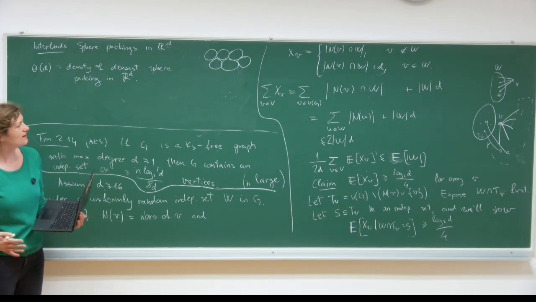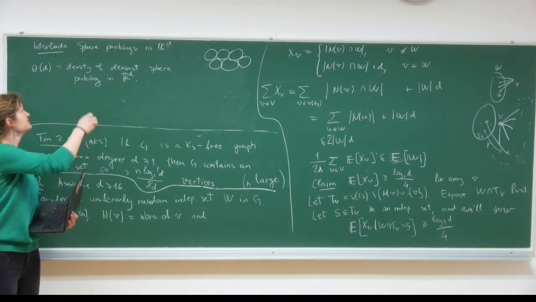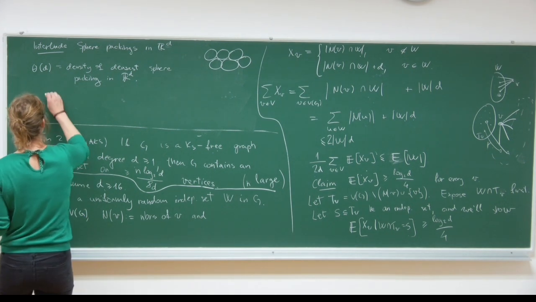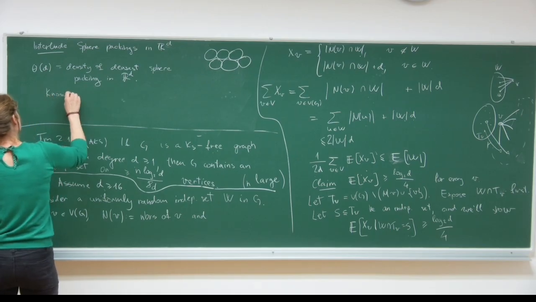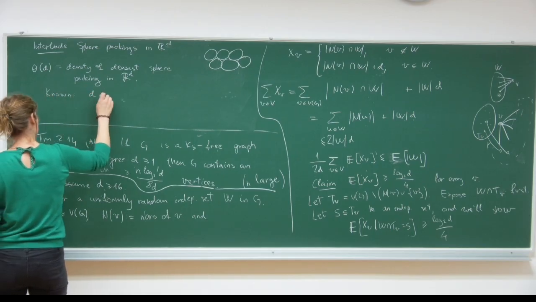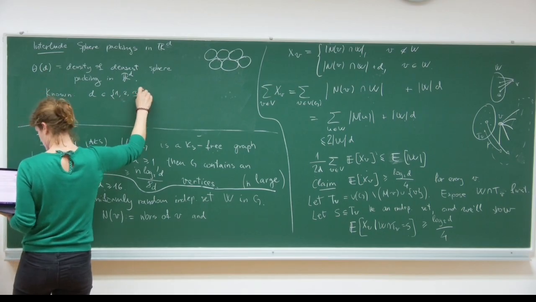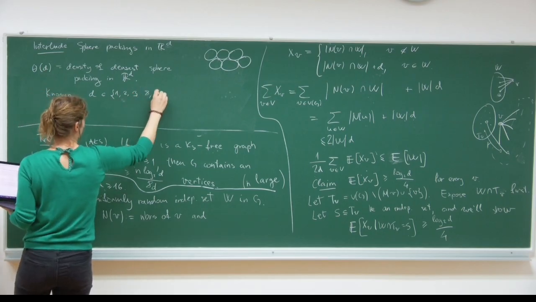So, okay, and then for this theta of D, you want the maximum over all these different options for the packing. And this thing is actually known in dimensions, well, 1, 2, 3, 8, and 24.